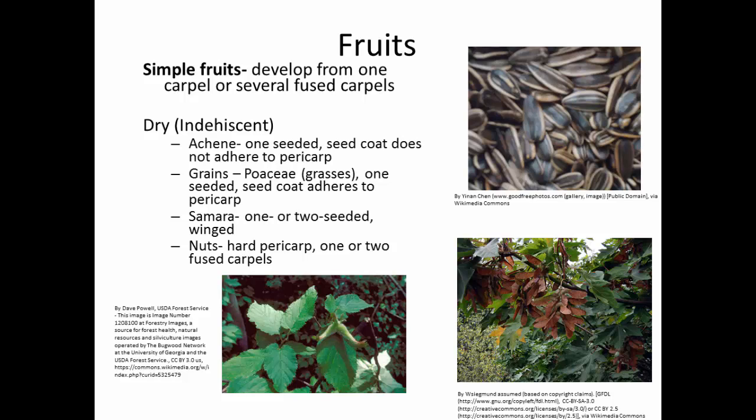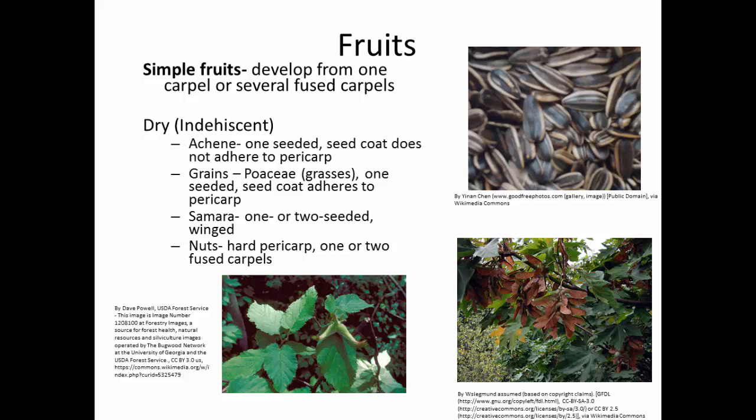Think about a corn kernel. The stuff that you get stuck in between your teeth when you're eating popcorn is the pericarp. In the unpopped seed, that is pressed really tightly to the seed coat, so it's really difficult to separate the two.